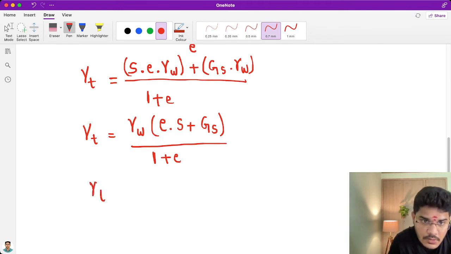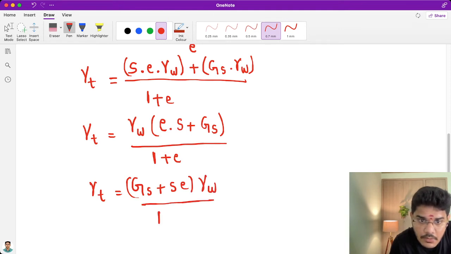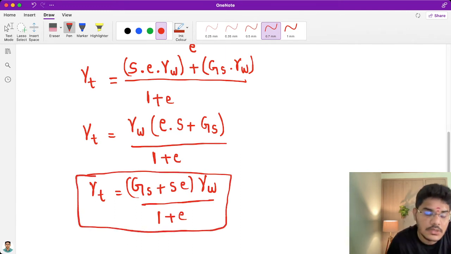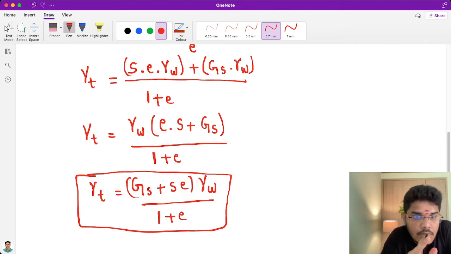So now we can write (Gs plus Se) into gamma w by (1 plus e). So this is bulk unit weight in terms of specific gravity, void ratio, degree of saturation and unit weight of water.